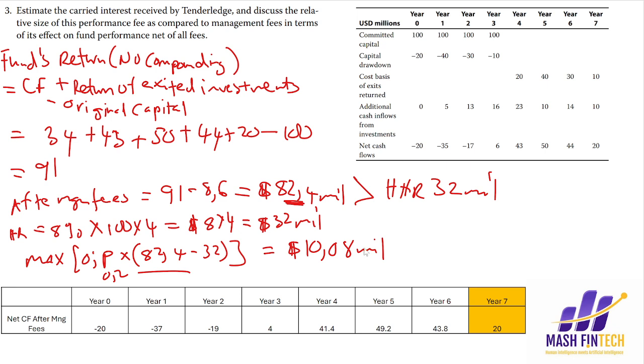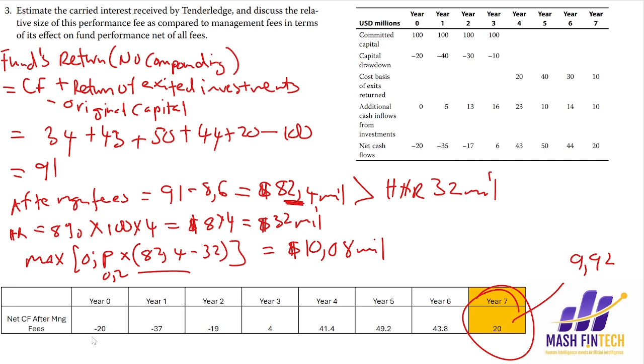Okay, and then based on these cash flows, remember, when I read through, if you go back to that and read through, it says the fees are paid at the end here. They are paid at the end, which means on this 20 you subtract 10.8. If you subtract 10.8, you are going to get 9.92.